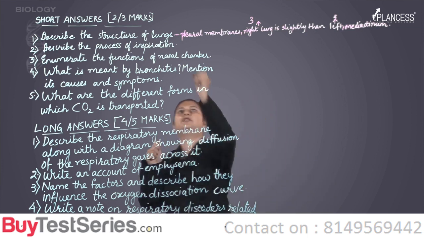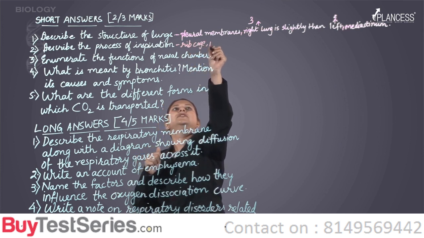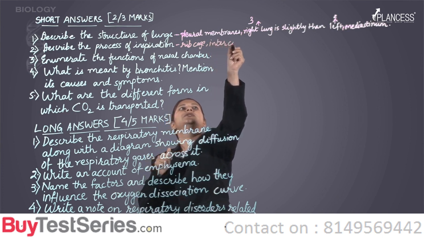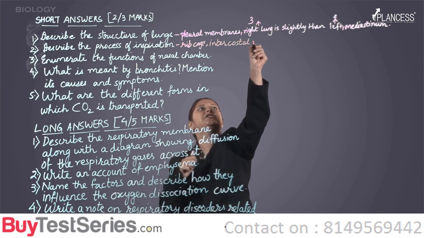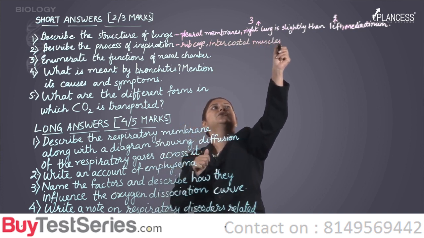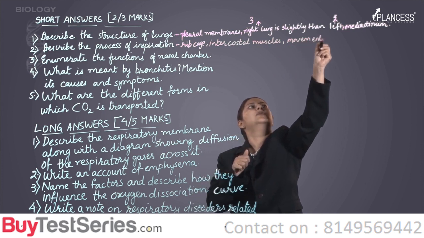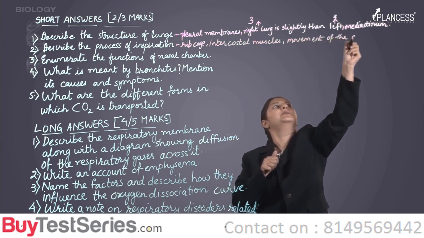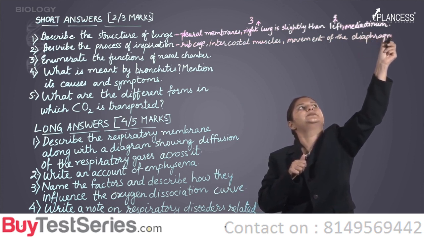Let's just jot it down quickly, rib cage. Then you can mention about the intercostal muscles that play a major role in inspiration. Then you can also write about the movement of the diaphragm. That also needs to be mentioned over here.